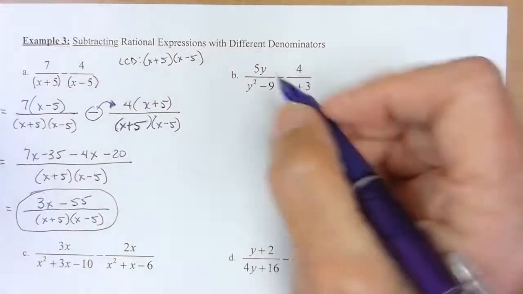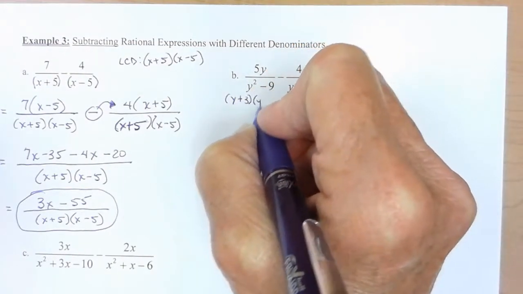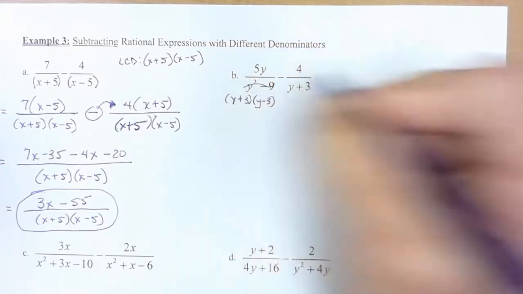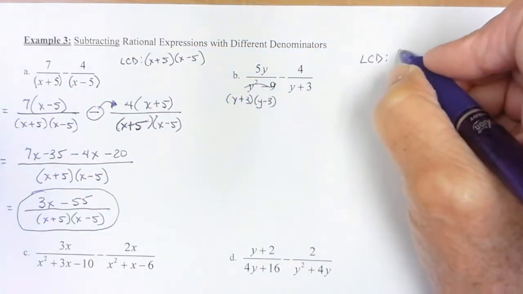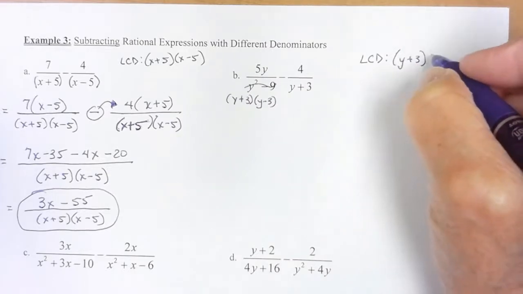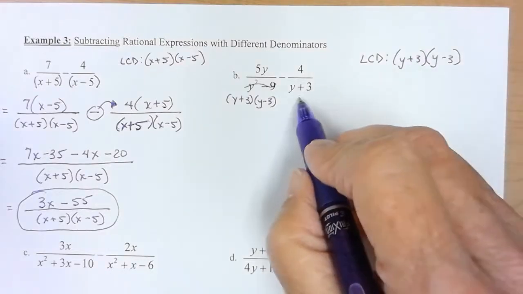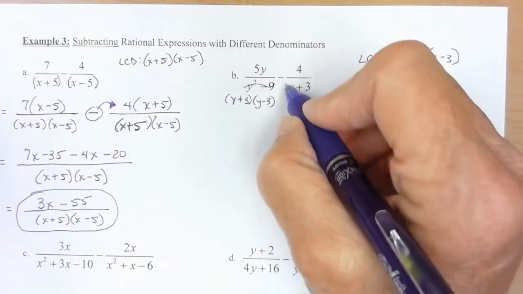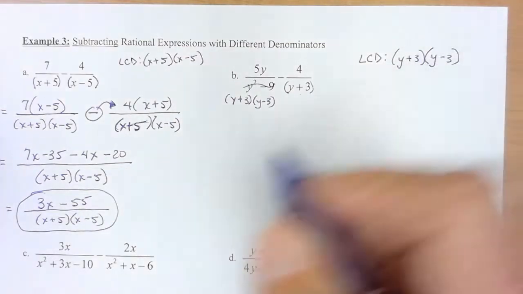In my next problem, if I factor that denominator, so I start with my LCD with all the factors in my first one. Include any from the second denominator, but if you'll notice, it's already included. So this is my LCD.